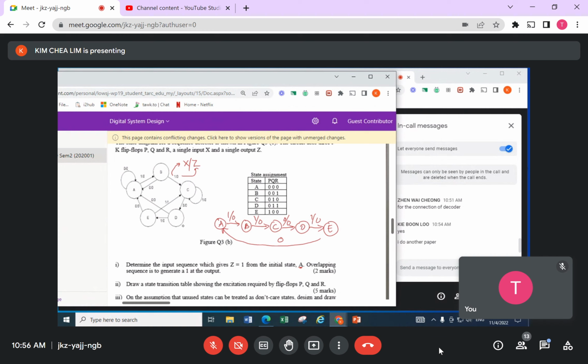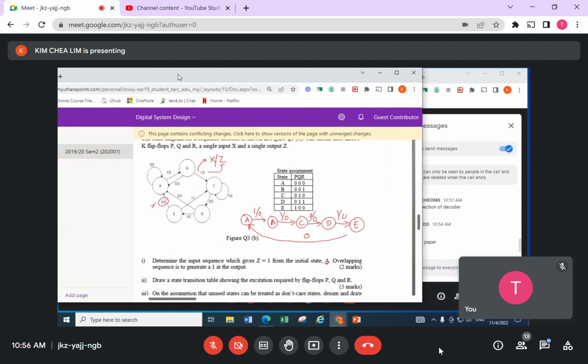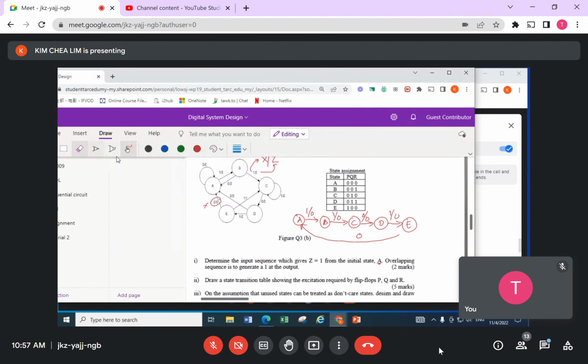Oh, sorry. This part here, no, because you see the output is a 0, and the question tells you that overlapping is going to generate a 1. So if the last one is a 1, and if the last one again is a 1, they are going to continue from C, and they output a 1.